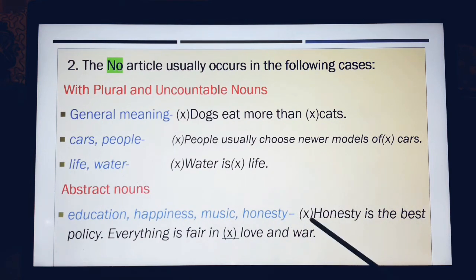See here the example, honesty is the best policy. So honesty did not take any article. We did not say the honesty is the best policy. Everything is fair in love and war. So love is an uncountable noun, an abstract noun. So it did not take any article before it.